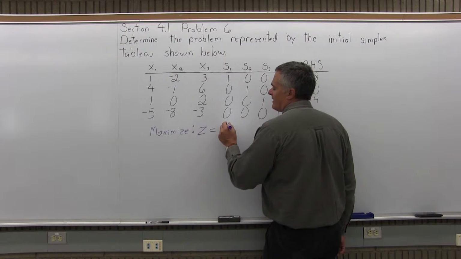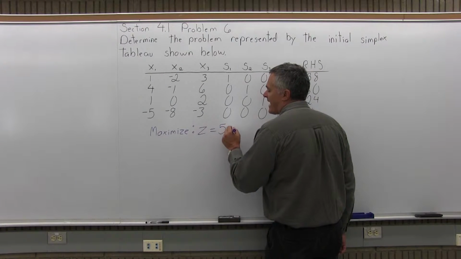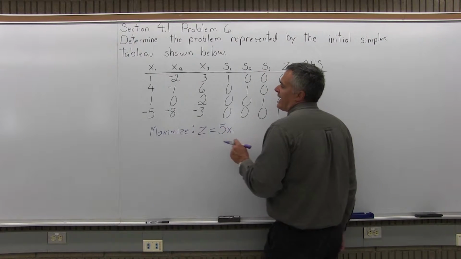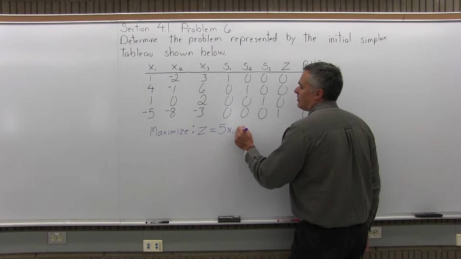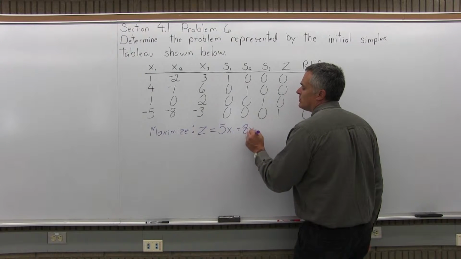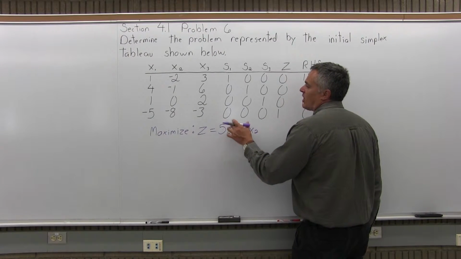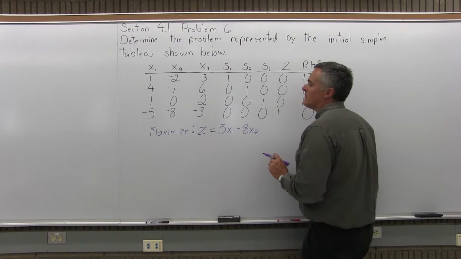So that means in the objective function, I had a 5x1. And then in the bottom row, I have a -8 in the x2 column. That means I must have had plus 8x2. Again, in the objective function, these are opposite sign of what's in the bottom row.